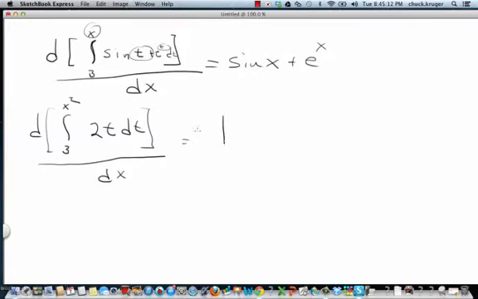The antiderivative is t squared, and I put x squared in here and 3 in here. I get x squared squared minus 3 squared, which is x to the 4th minus 9.